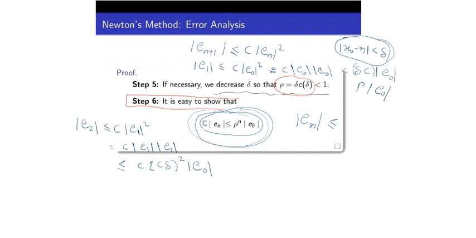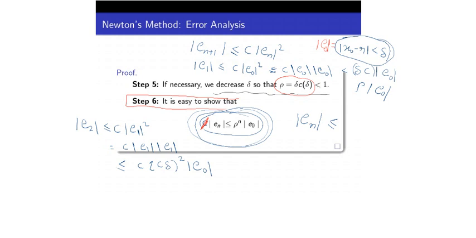Here C is not there. Mod of En is less than or equal to rho to the n times mod E naught. Certainly you are choosing x naught from the neighborhood; the initial approximation must be a good approximation. So you choose it such that mod of E naught, that is mod of x naught minus r, is less than delta.